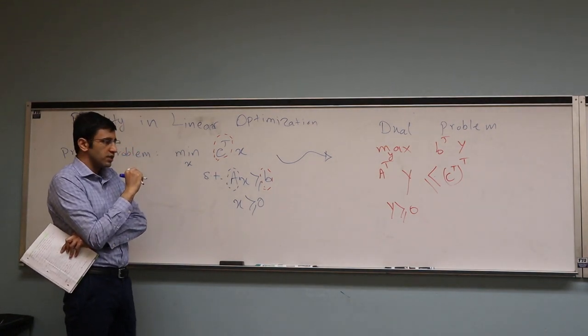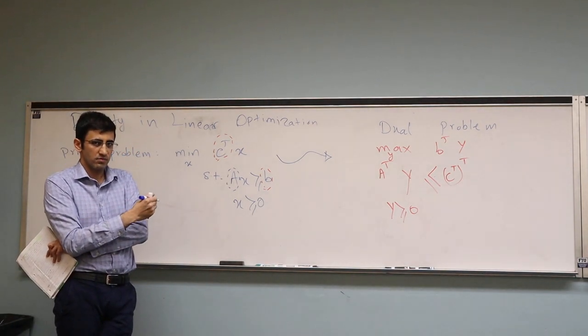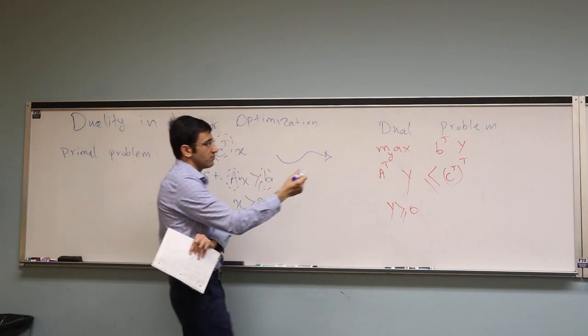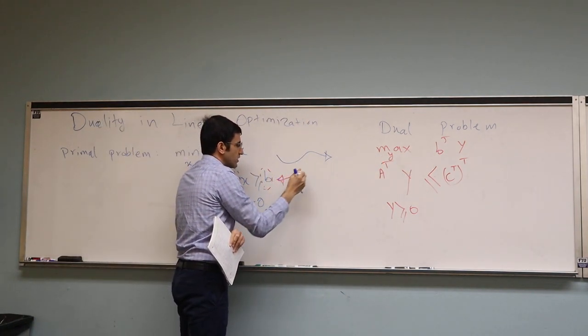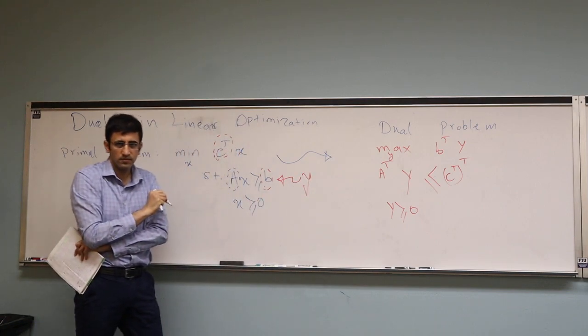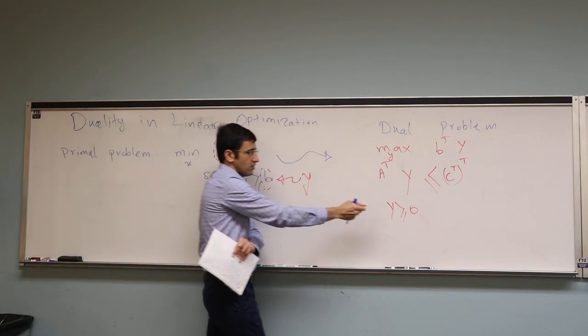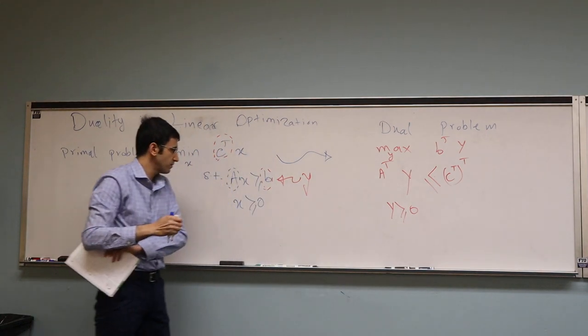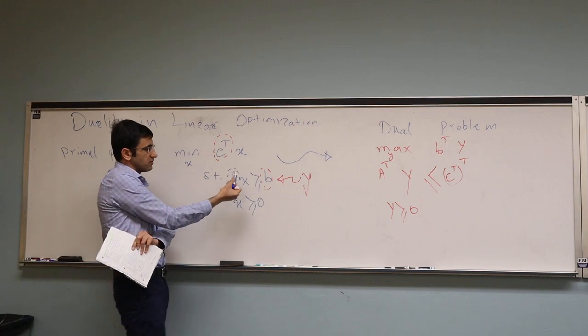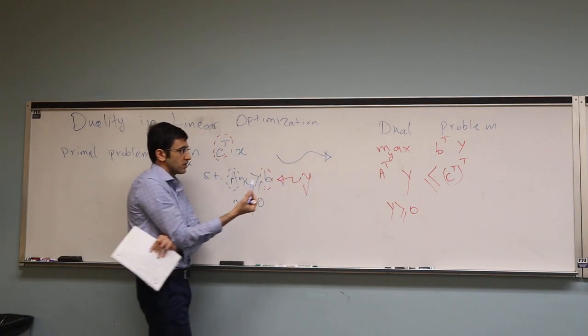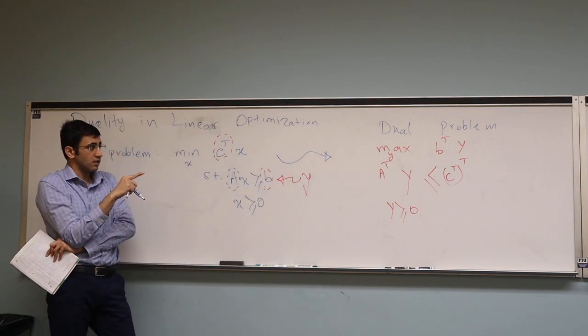Alright, the question here is what are the y variables? The y variables are nothing but the Lagrange multipliers for these inequality constraints. That's the reason that all of the y's should be positive. And these are some ground rules of how to translate each of these constraints into their corresponding constraints in the dual problem.